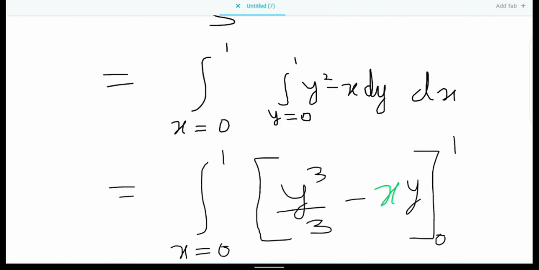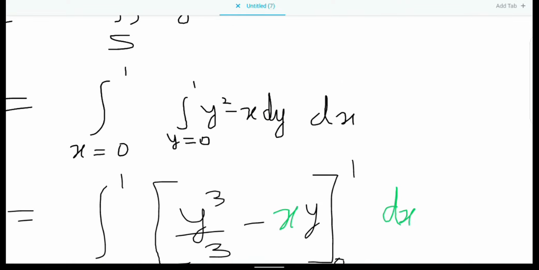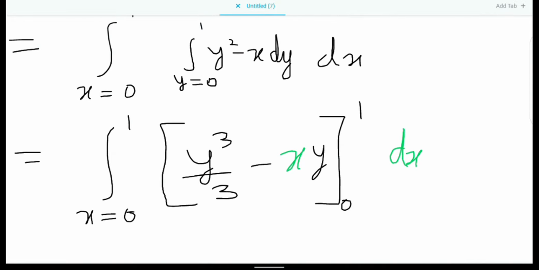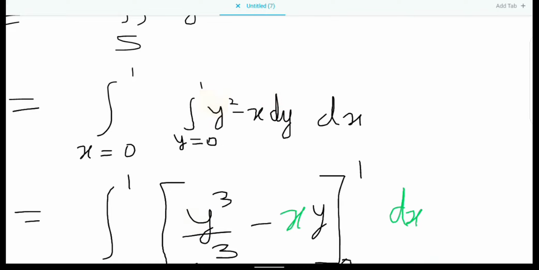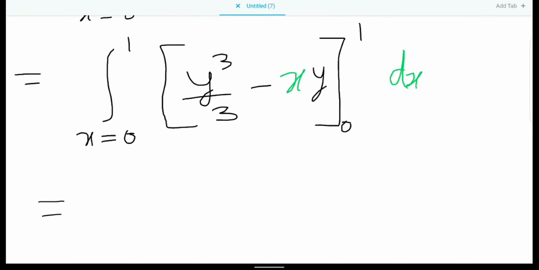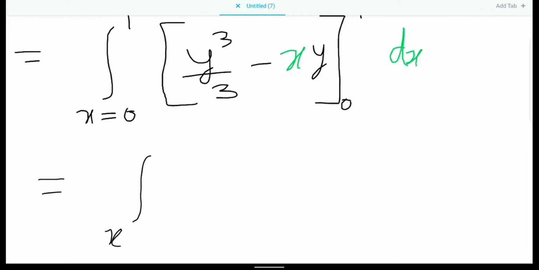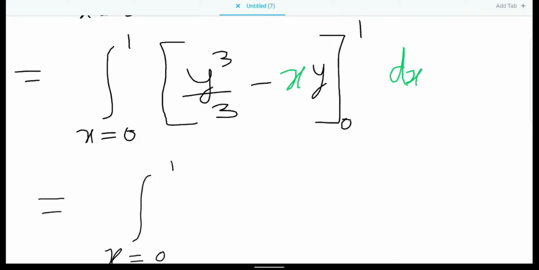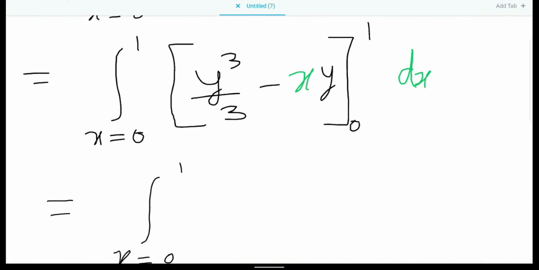The upper limit y equal to 1 gives 1 by 3 minus x times 1. The lower limit gives 0.